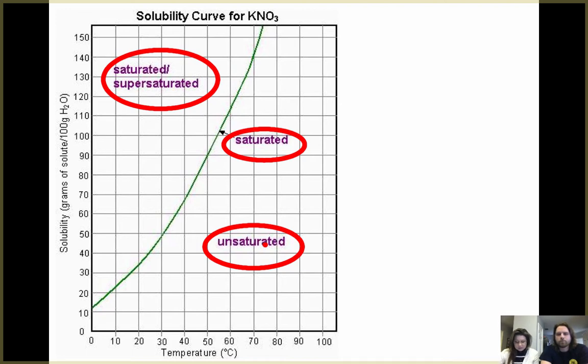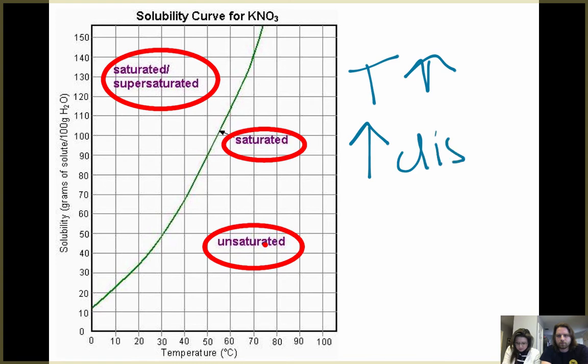We're looking at potassium nitrate at different temperatures, and how many grams of it we can get to dissolve in 100 grams of water. You notice as the temperature goes up, the amount we can dissolve goes up.